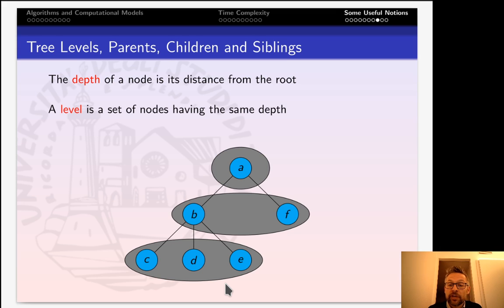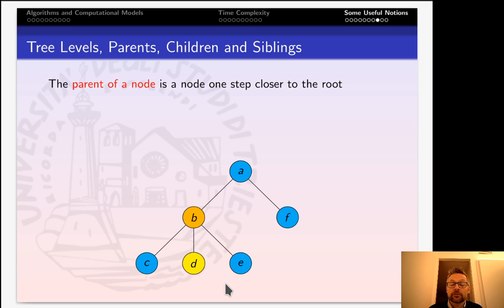What if we add a new node just below F? Well, that node will belong to the level of C, D, E, and, I don't know, G, for instance. Okay, so it's not really important that the nodes in the same level are connected to the same node. It's just important they share the same depth.